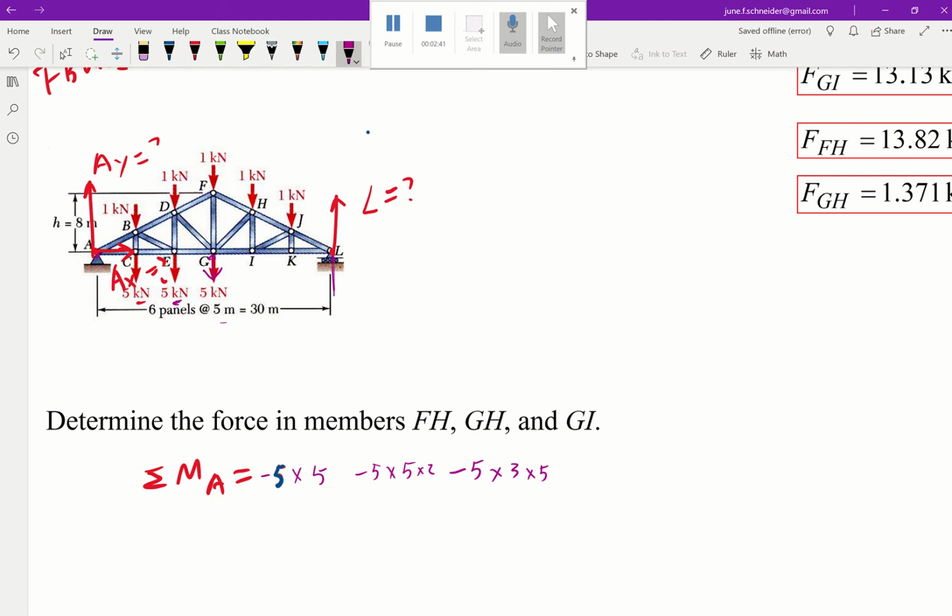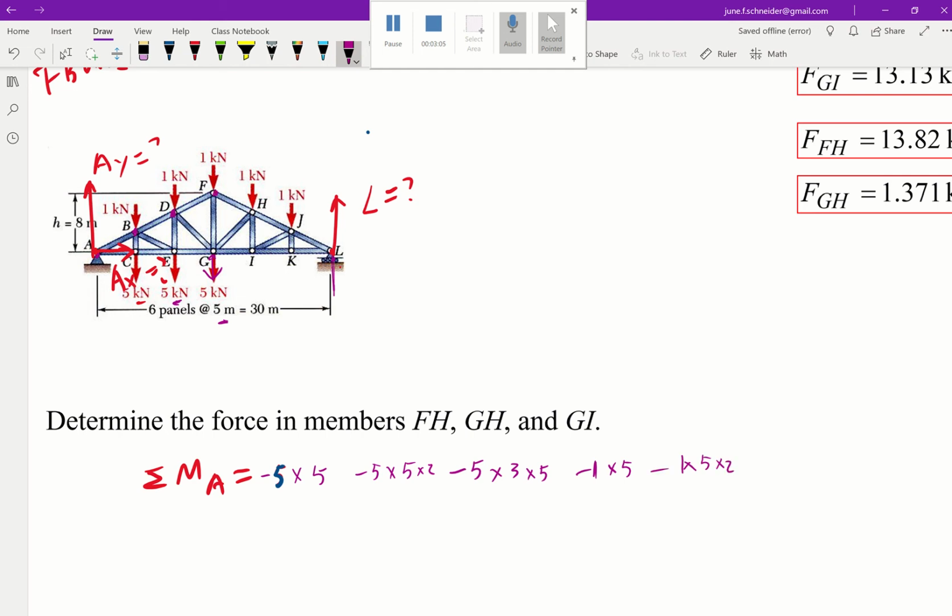Then same way, what do we have? We have the force at B as 1 kilonewton, and the moment arm is just 5 meters. And then the 1 kilonewton at D, the moment arm is 5 times 2, clockwise.